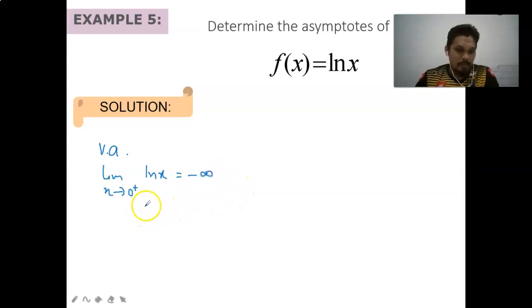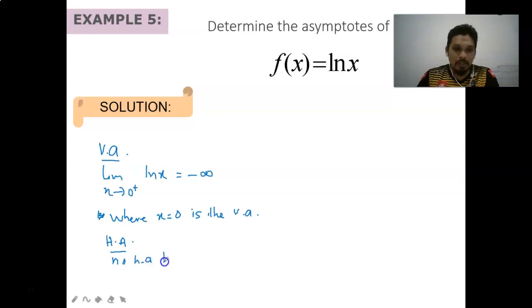So x equal to 0 is the vertical asymptote. And for the horizontal asymptote, there is no horizontal asymptote line. Okay, so let's sketch the graph of this.